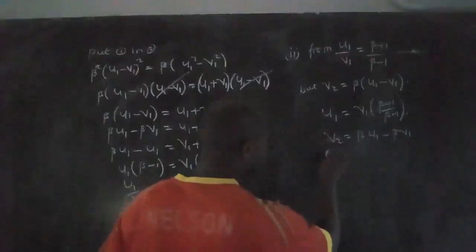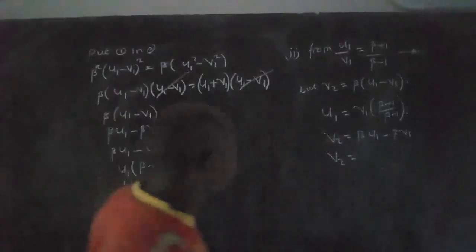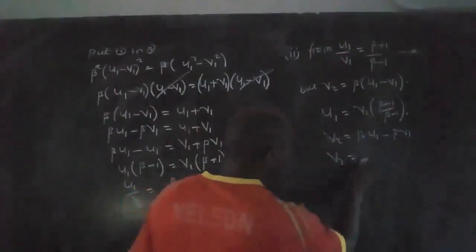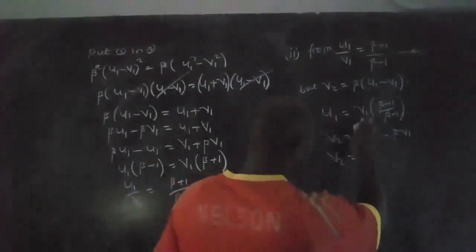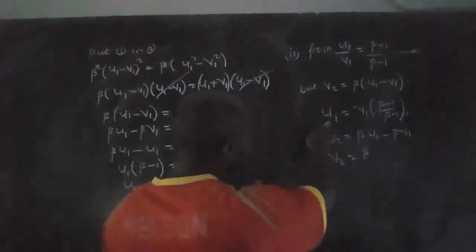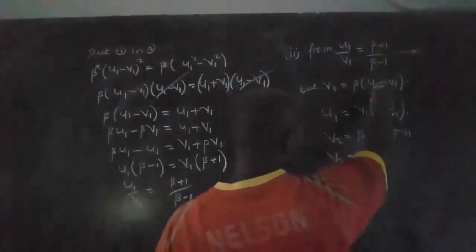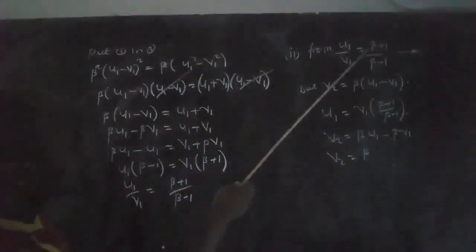So when we substitute, we shall say v2 is equal to, we are eliminating what? We are eliminating u1. So what is u1? We substitute. Oh, this is our u1. I think we made a mistake here.